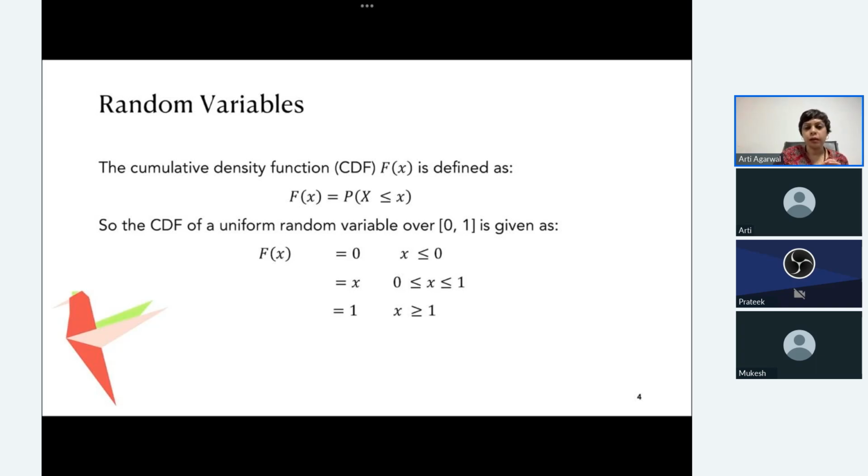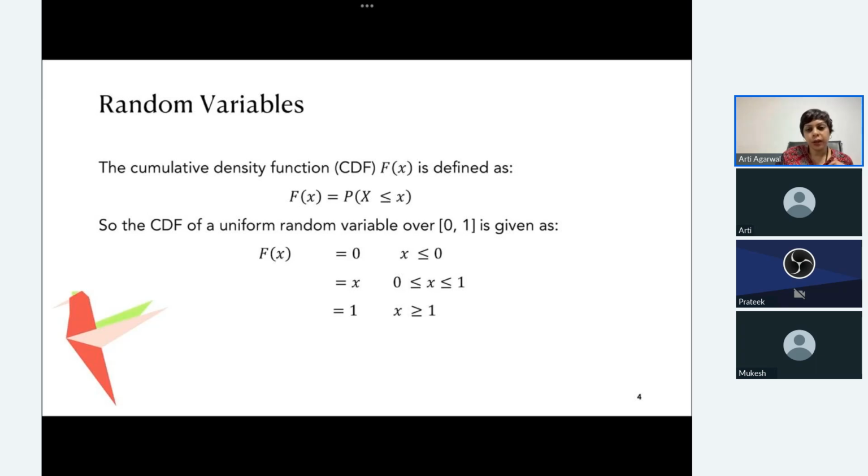And capital Fx is defined as the probability that the random variable X is any value less than or equal to x, where x is now some length, some interval between, in its domain, like between 0 and 1 or a and b, whatever you have defined the interval as.